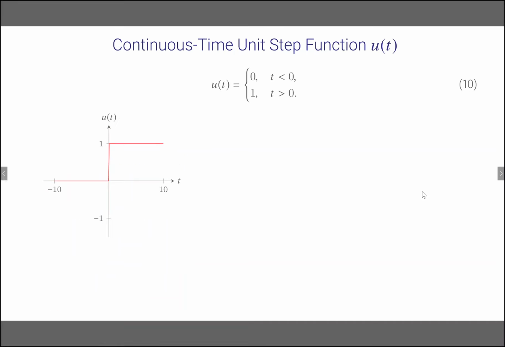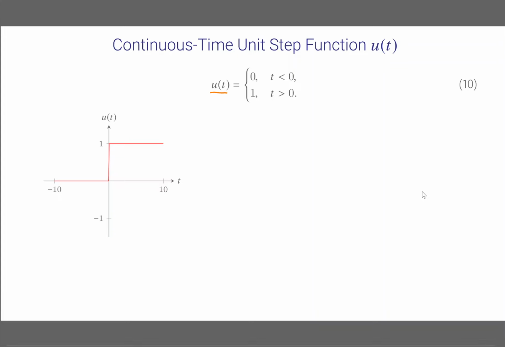Now let's look at the continuous time unit step function u(t). So u(t) is defined as 0 when t is less than 0, 1 when t is greater than 0, and at 0 it is not defined. So you can see this is the plot of u(t). When t is slightly greater than 0, it's 1. When t is slightly less than 0, it is 0.